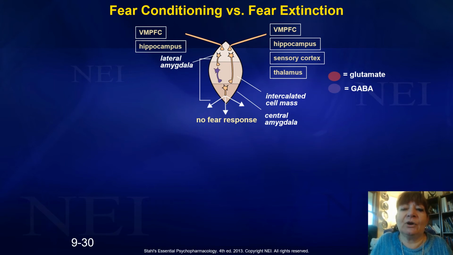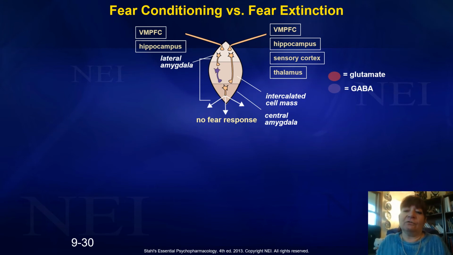So when a person has a very stressful or a fearful experience, the sensory information is relayed to the amygdala. It's integrated there with input from the ventral medial prefrontal cortex and the hippocampus. And so at that point, a fear response can either be generated or it can be suppressed.